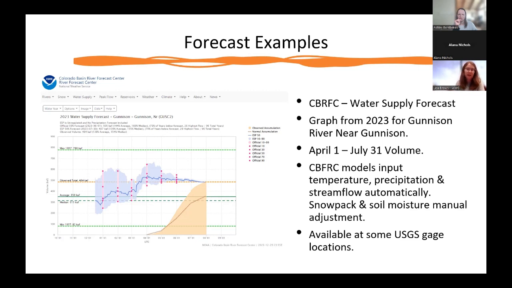And when I say skill, I mean the forecast is a narrower range, and we're getting much better at estimating what the volume is actually going to be during that time frame. At this point, you can probably say with pretty good confidence, hey, we're above average. This is not going to be a drought year. And then the next question is, what decisions do you need to make? How sure do you need to be? Basically, their most probable forecast at that point was within 10 to 20% of the volume that was actually observed that year.